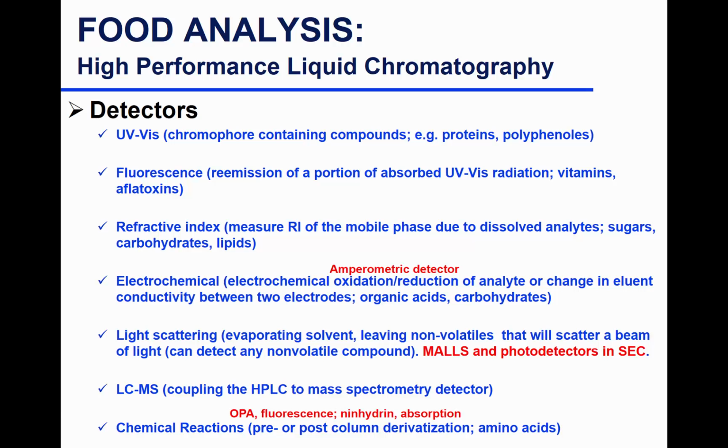Of course, some of you started the MS lab. Instead of linking standard detectors, you can link the HPLC directly to a mass detector. Sometimes you have two detectors in a row. You can have a UV detector, and then the flow from the UV detector gets split and goes to the MS, and then you can get mass.